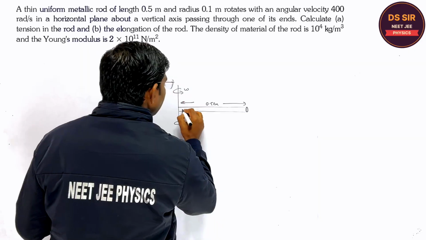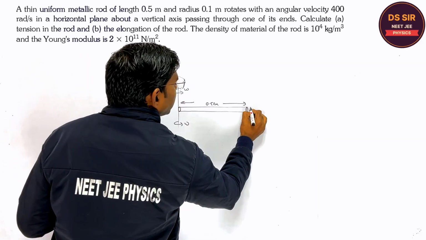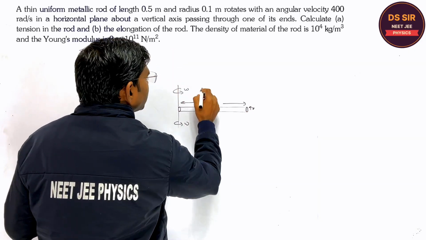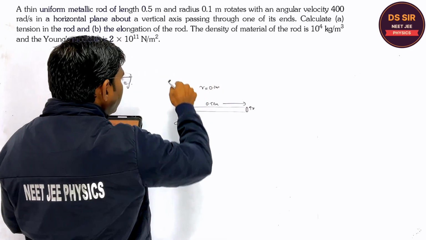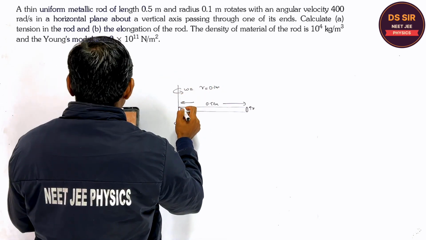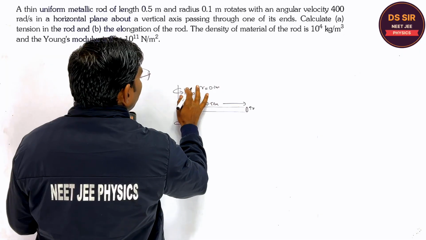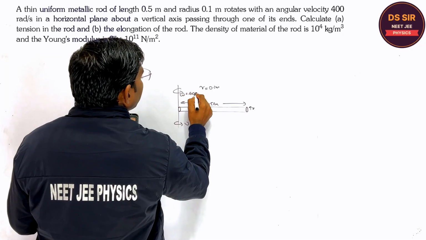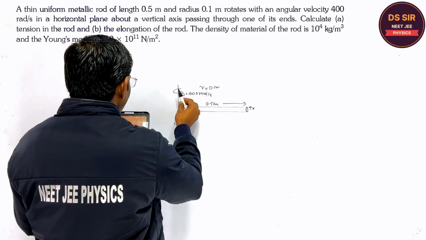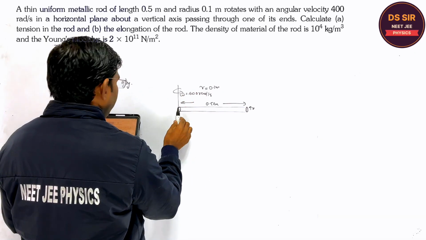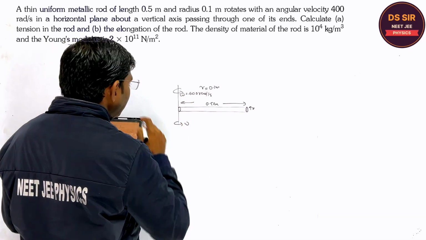This is the area of cross section, so the radius is given as 0.1 meter, and it rotates with angular velocity omega given as 400 radian per second, about a vertical axis passing through its one end. Calculate the tension in the rod.